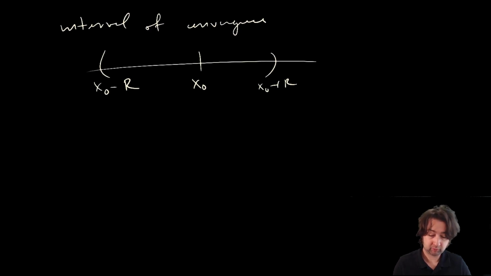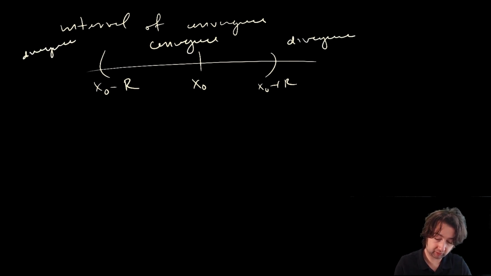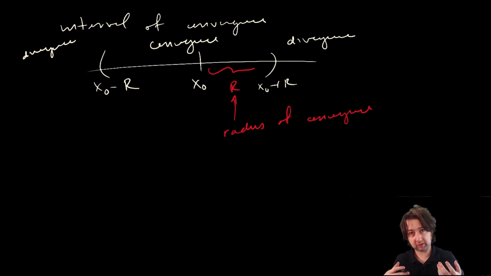Okay, so the terms that we've seen so far are the interval of convergence, where we know that we've got convergence on the inside and divergence on the outside. This r distance right here was called the radius of convergence. And the way that we find the radius of convergence, or the interval of convergence for a given series, is we use the ratio test from calculus.